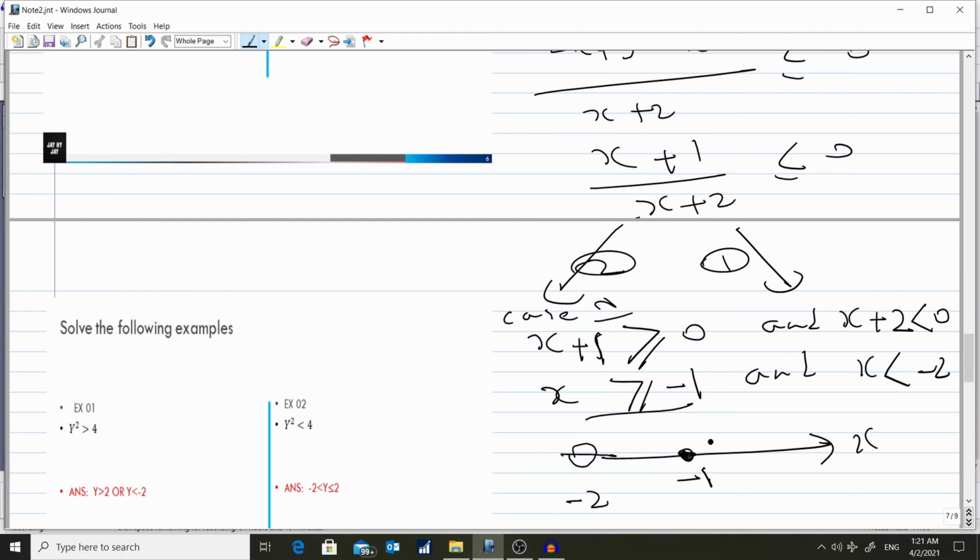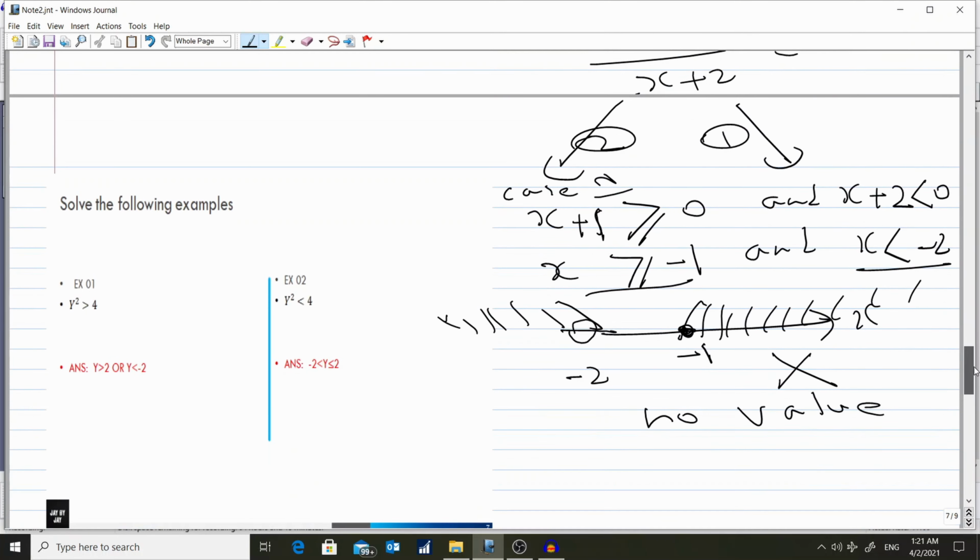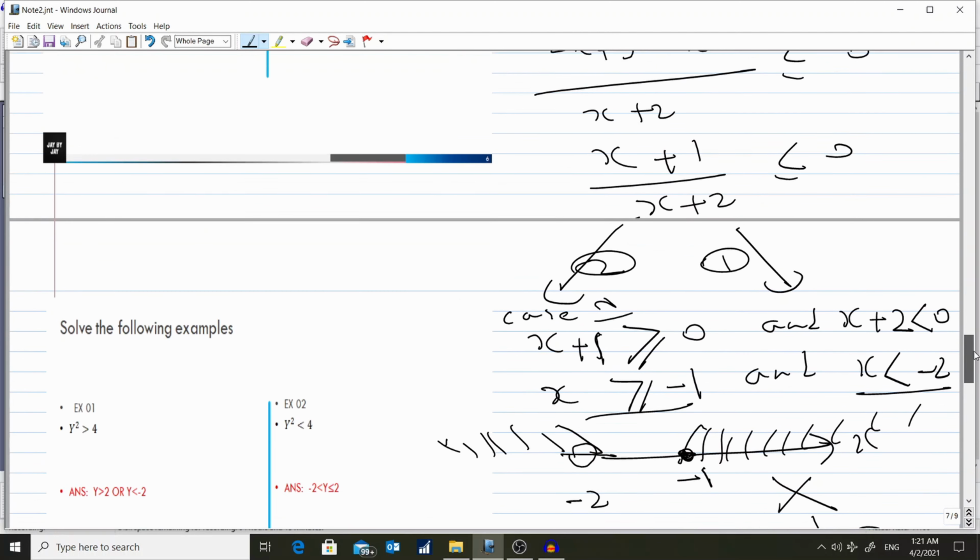Here x greater than or equal to minus 1 will look like this, and here x smaller than minus 2. Therefore in case 1 we don't have a common region, so there is no value for this case 1 condition. So what is the case 2 condition?